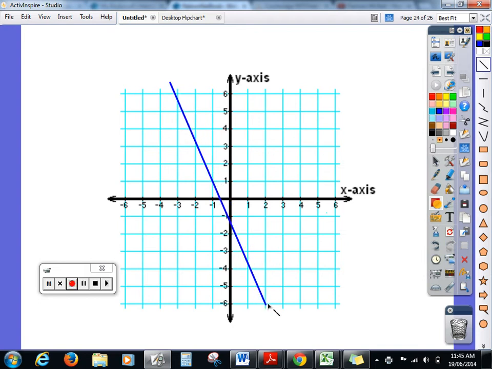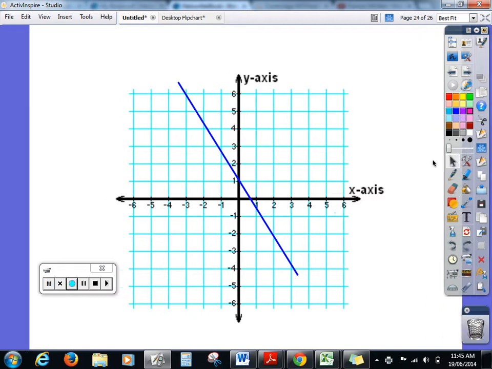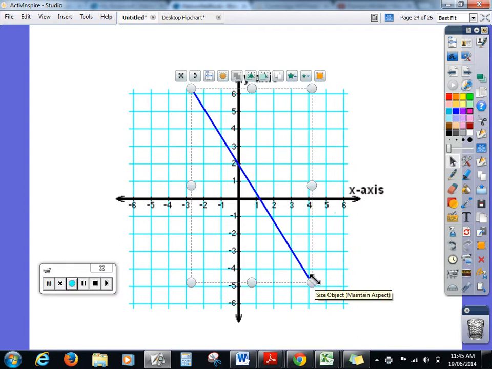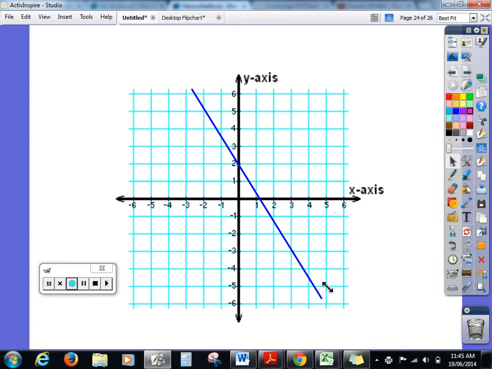We'll go to a 2 and we'll also go through the other two there. Got it, right. Okay, let's work out the equation of this line.